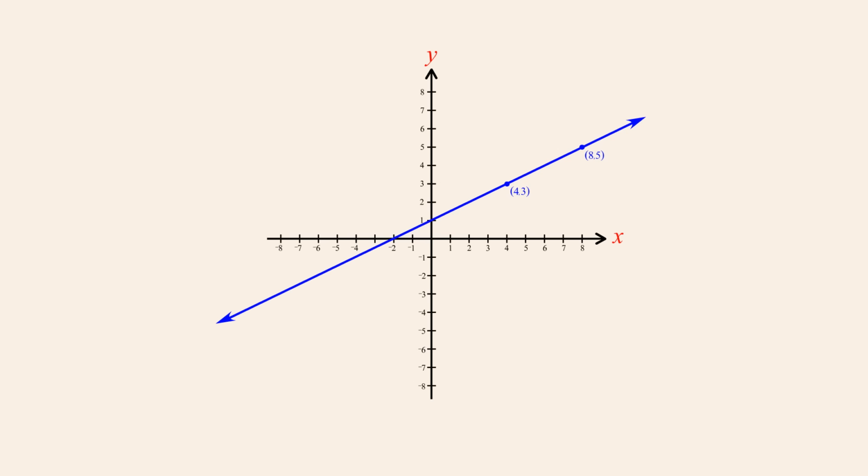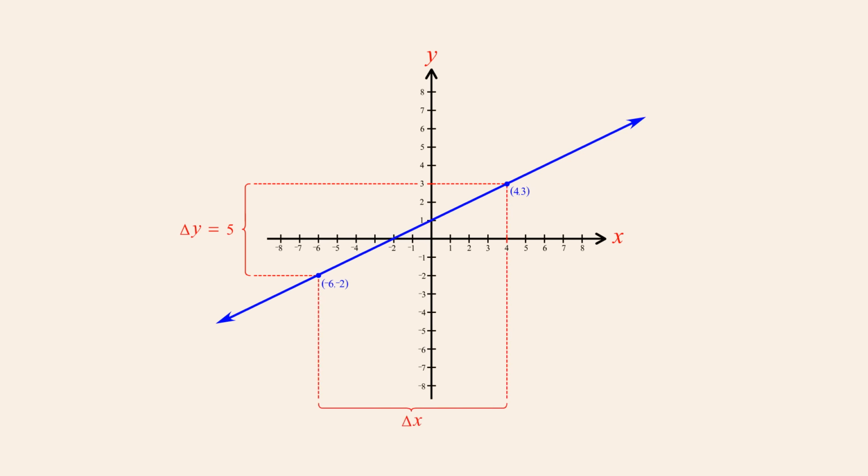Now, let's calculate the slope of the same line using a different pair of points, 4, 3, and -6, -2. Once again, delta y is the y-coordinate of the right point minus the y-coordinate of the left point, or 3 minus -2, which is the same as 3 plus 2, or 5.